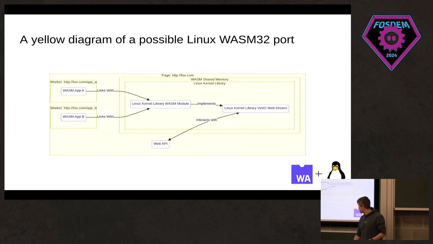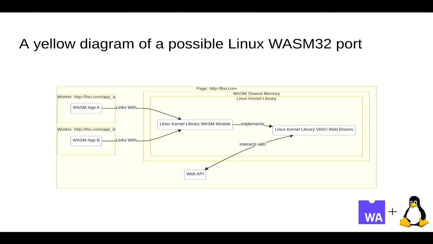So how would, say, a Linux port look in WebAssembly? We have a nice yellow diagram this time. You would simply access a URL. It would load the WebAssembly application. The WebAssembly application would then link against your kernel, which is also a WebAssembly module.